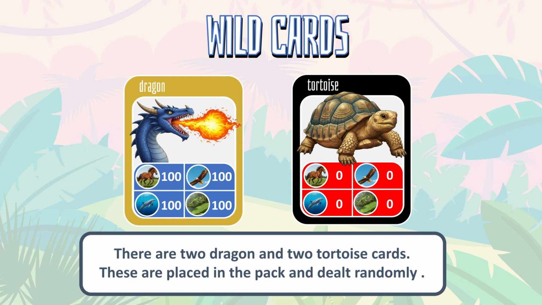So it is possible that if 2 players have a score of 100 for the same category in the same round, it will be a draw. So in that case, they have to play rock, paper, scissors, and the winner can keep the cards. And the same thing with 0. Play rock, paper, scissors if it's a draw, and the winner can keep the cards.